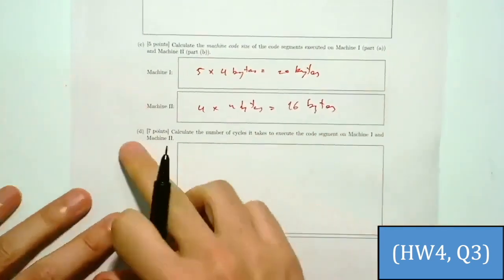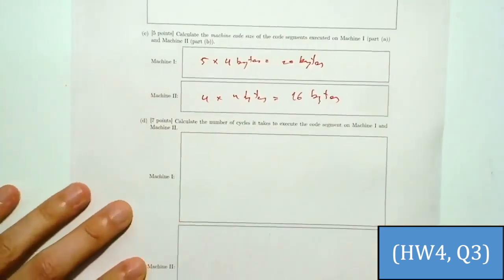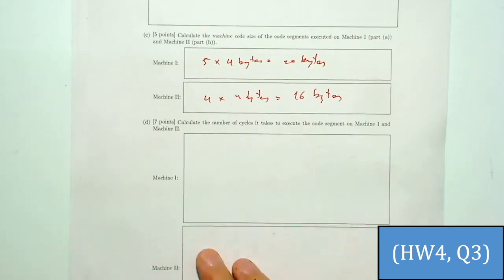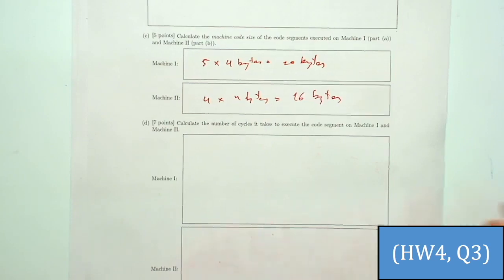So point D. So question? Yeah. Isn't that a loop? So don't we have to multiply? Would the compiler write? No. This loop is executed dynamically, right?